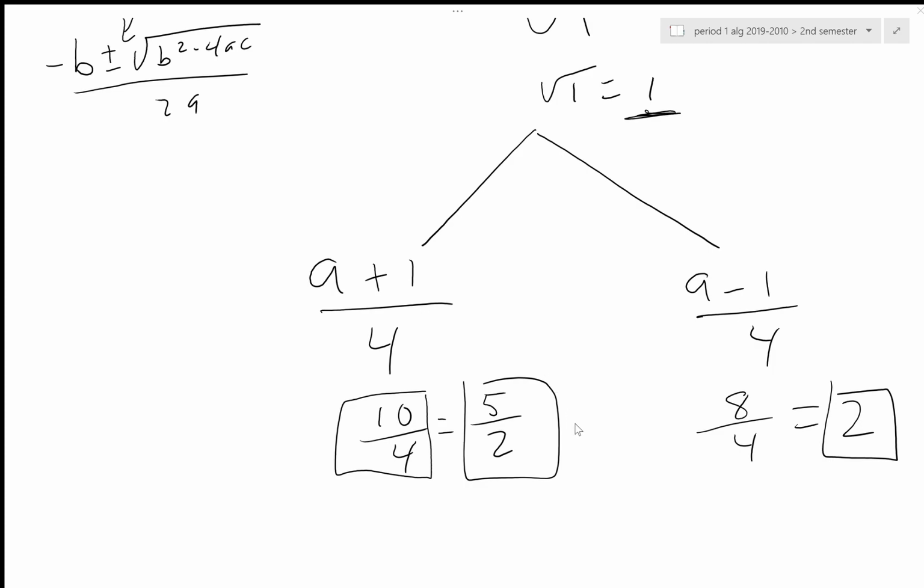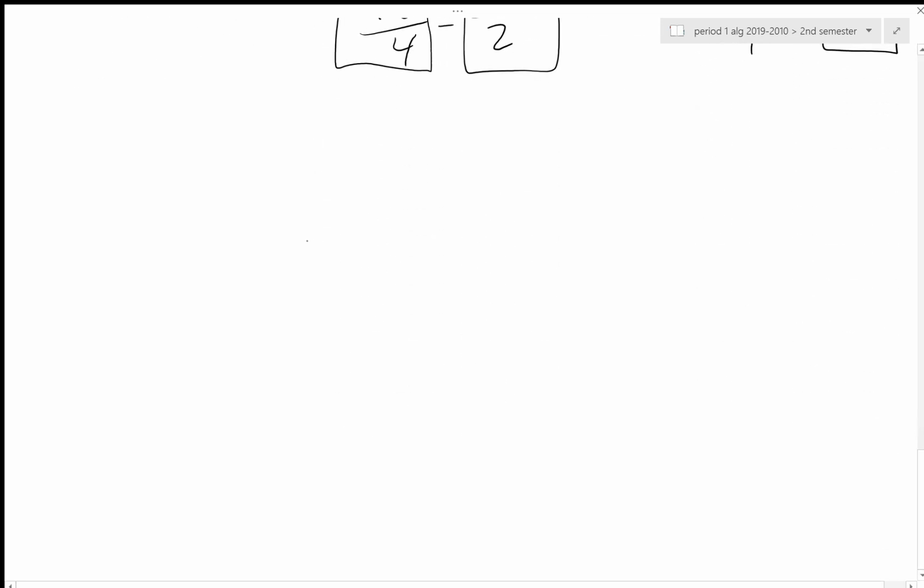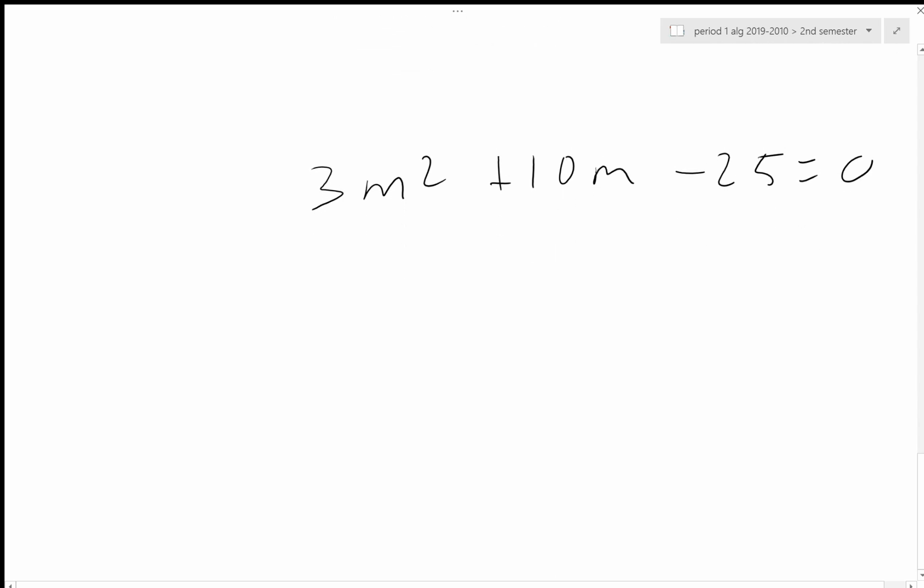Alright, let me show you another one. Just to make sure you got it. 3m squared plus 10m minus 25 equals 0. A is 3, B is 10, C is negative 25.